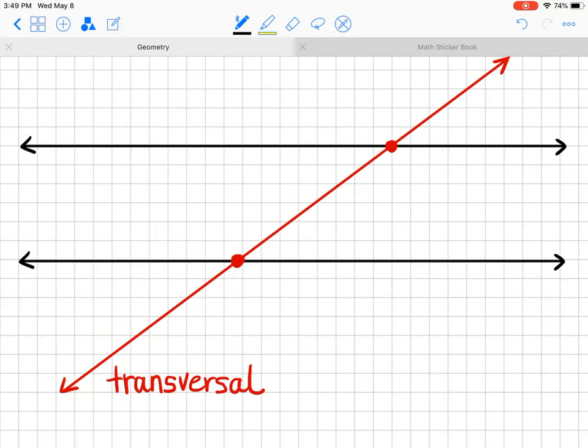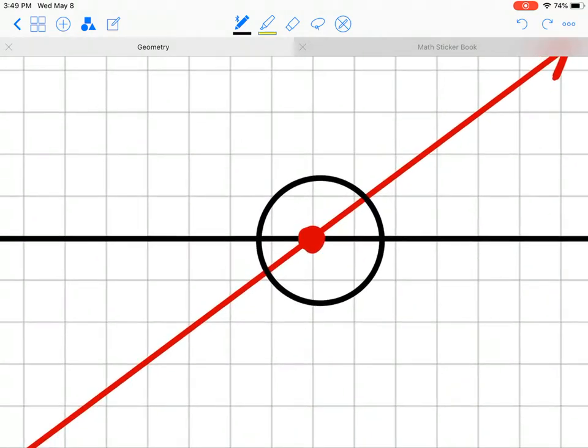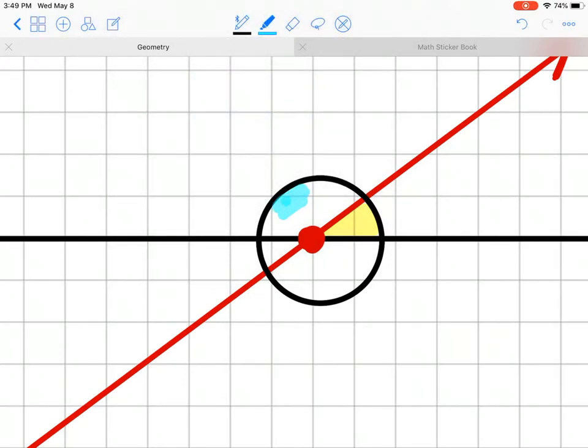So what if I make a circle right here, and a circle right here? Let me take that one out for a minute. Let's focus just on this one right here. So I'm going to zoom in right there. And suppose they tell me on my test that this yellow angle, actually this time I'm going to give you the bigger one. Let's go the other way.